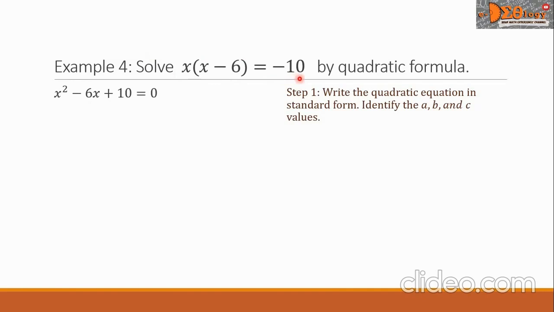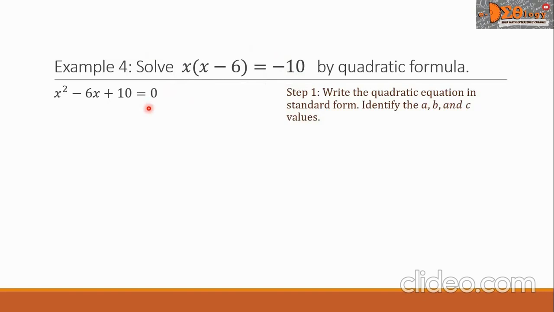For the negative 10 on the right side, we will transpose this to the left, and the sign will change. From negative 10, it will be positive 10. And this is now equal to 0. The given equation here is now changed in standard form.